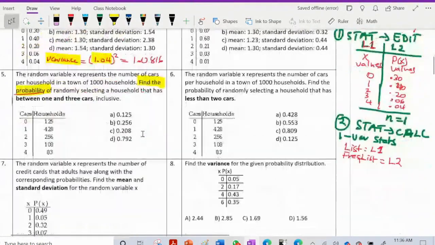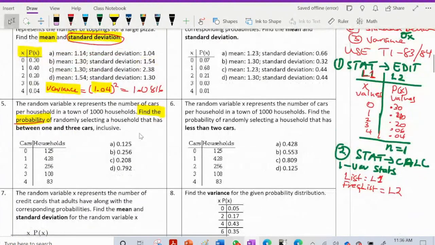If they ask you to find a probability, you're going to do the problem like a relative frequency. So here they said between 1 and 3, right? So between 1 and 3.